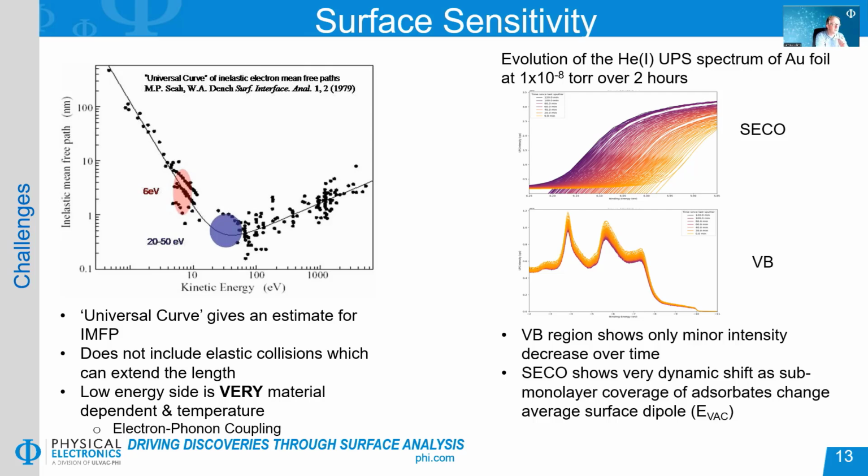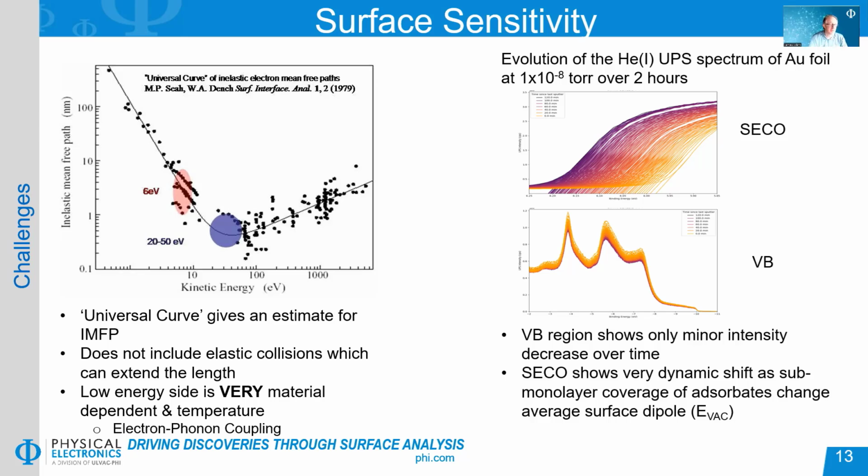But in blue, what I have right here are the energies of electrons for UPS. And over here, we have the energy of electrons for LEIPS. And this low energy side is very material dependent. But it turns out that for LEIPS and UPS, we're typically sensitive to things happening in the first nanometer or so, right?